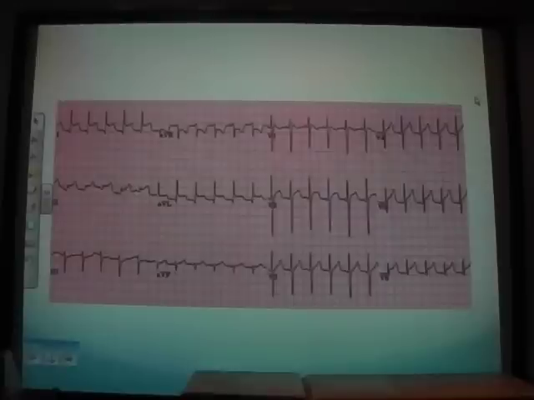So this is our next ECG. Would anybody feel confident in presenting this?